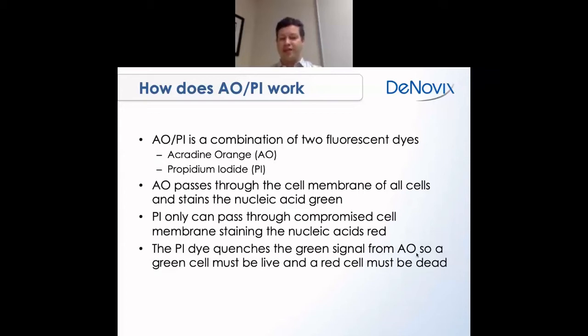If you have a dead cell, or a cell with a compromised membrane, both AO and PI are present in that cell, but PI quenches the green signal from the AO dye. So if you have a green fluorescing cell, that must be a live cell because PI was not there to quench the dye. And if you have a red cell, that must be a dead cell.